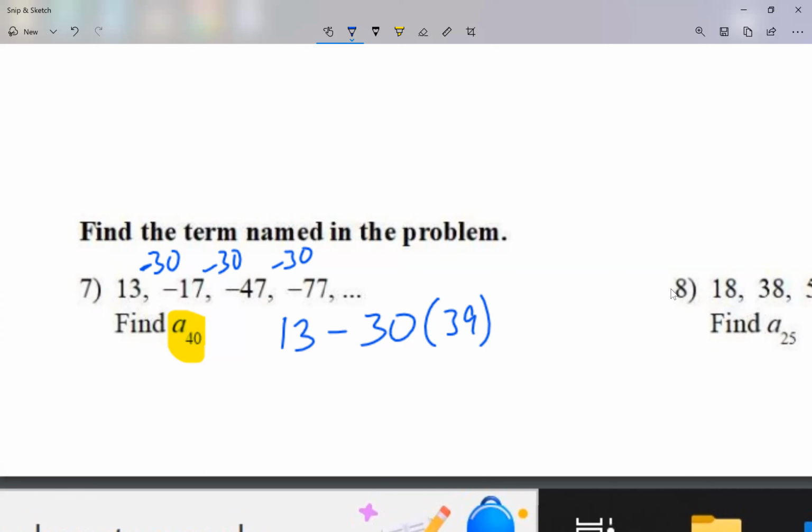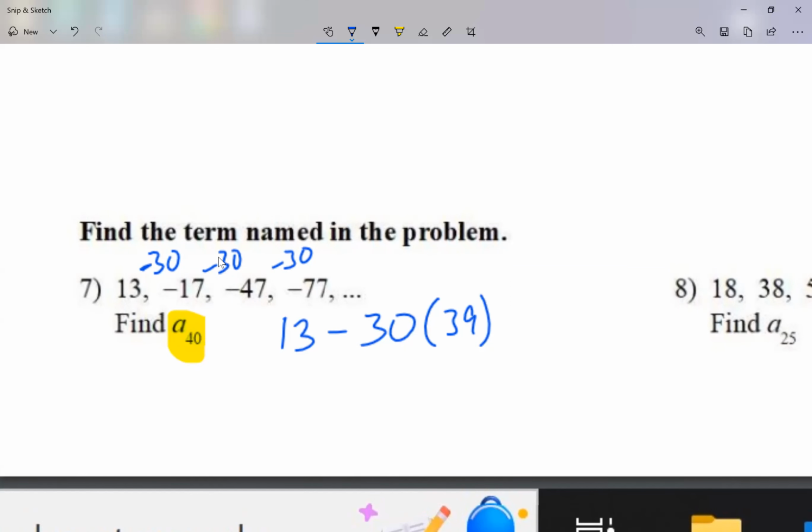So I can see minus 30 minus 30 minus 30, 39 times, but wasn't that just simple multiplication? Wasn't that repeated addition or repeated subtraction? Wasn't that just multiplication? So I have a multiplication and I have a subtraction. Remember order of operations. We have to subtract after we multiply.